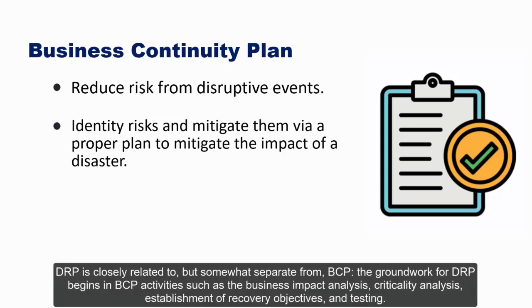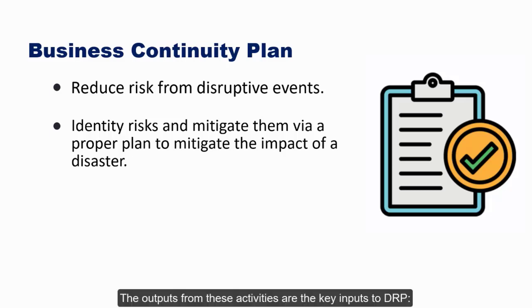DRP is closely related to, but somewhat separate from, BCP. The groundwork for DRP begins in BCP activities such as the business impact analysis, criticality analysis, establishment of recovery objectives, and testing. The outputs from these activities are the key inputs to DRP.